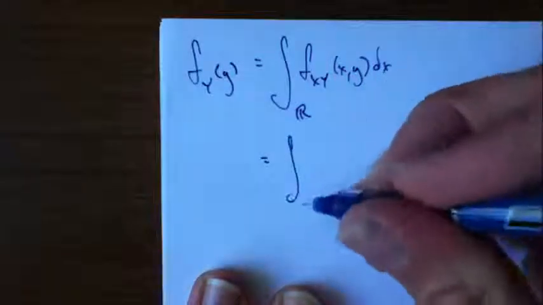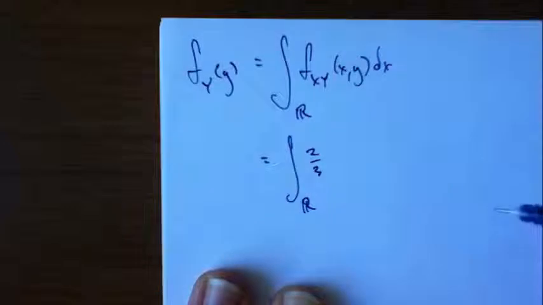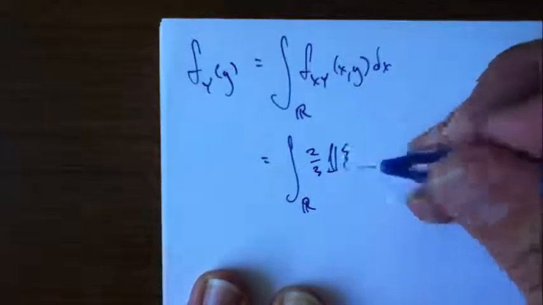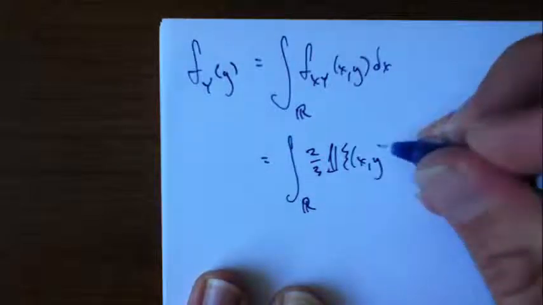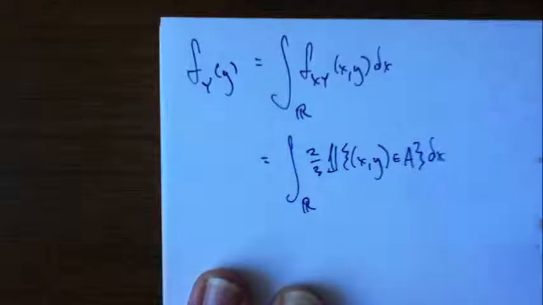Our density function there, remember, was 2/3 times the indicator that x and y are in the region A, and integrating with respect to x there.